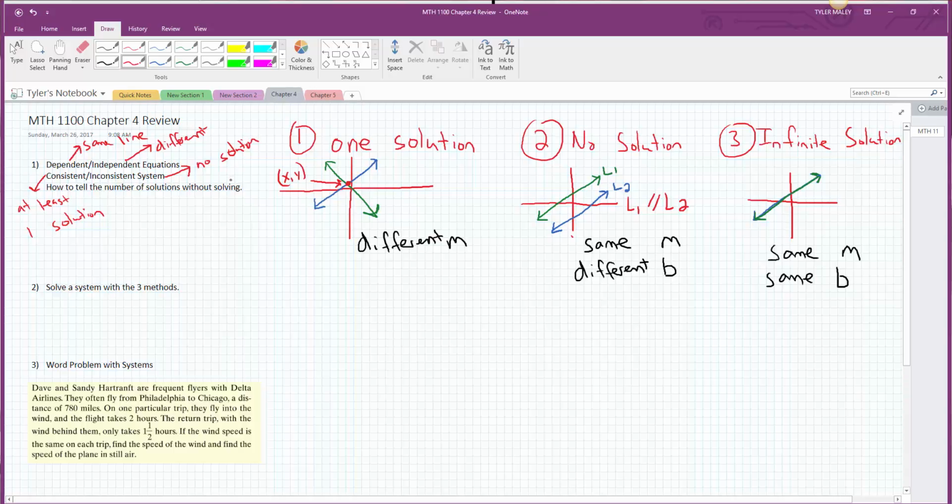Right, so these are just terms that we use. And not only just for two variables, we can extend this beyond two variables. We could also use these terms when we have nonlinear systems, which we won't cover in this class, right? So these are just some general terms. So in the case where we have one solution, these two equations would be independent, because they're not the same equation.